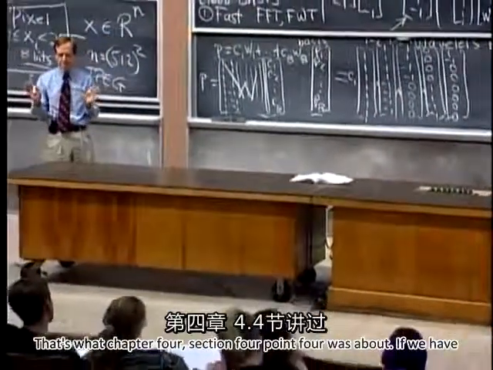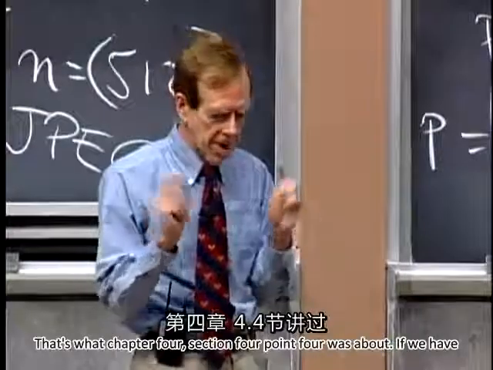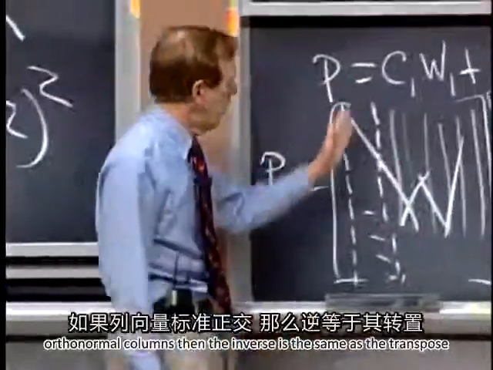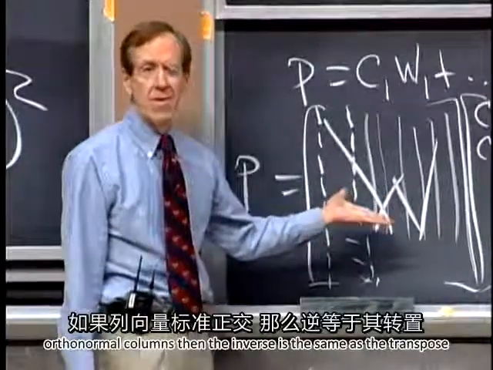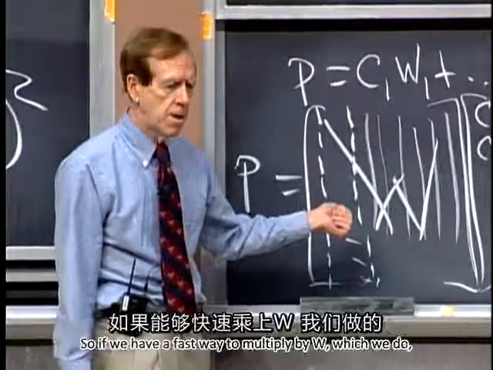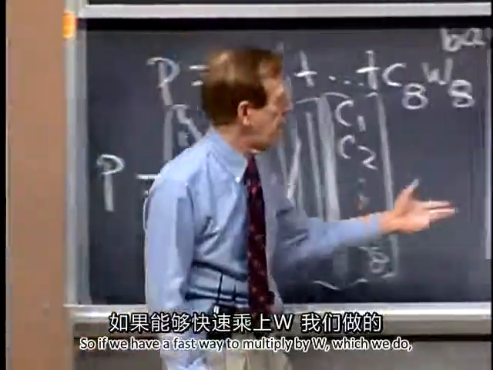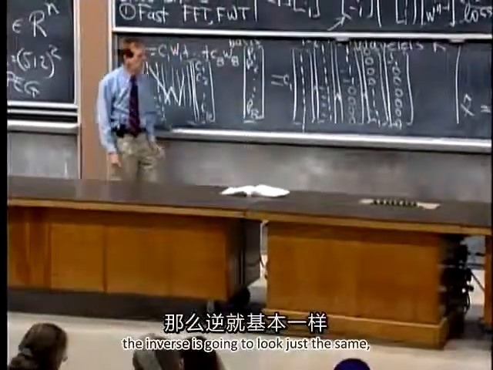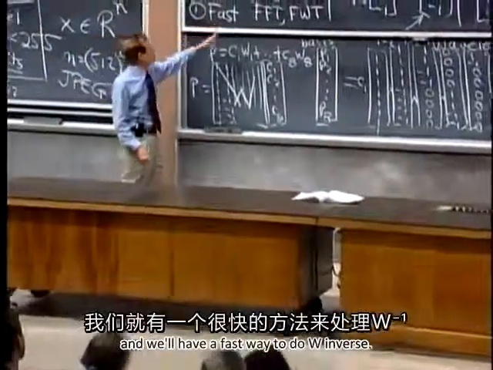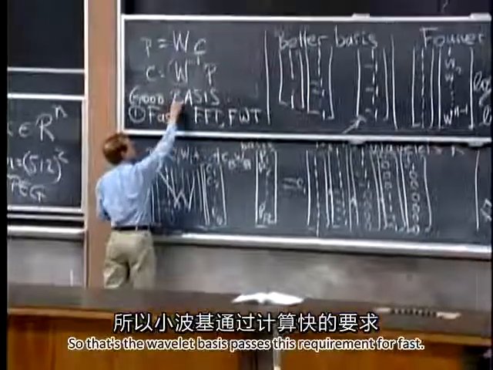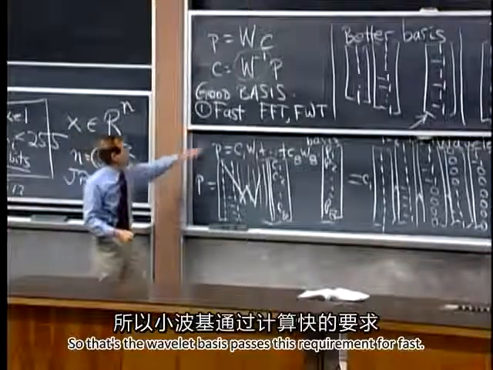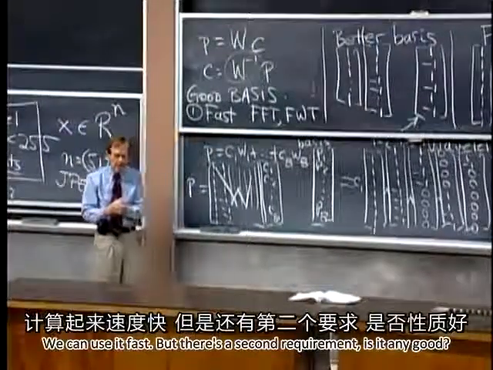That's what Chapter 4, Section 4.4 was about. If we have orthonormal columns, then the inverse is the same as the transpose. So if we have a fast way to multiply by W, which we do, the inverse is going to look just the same, and we'll have a fast way to do W inverse. So the wavelet basis passes this requirement for fast. We can use it fast.